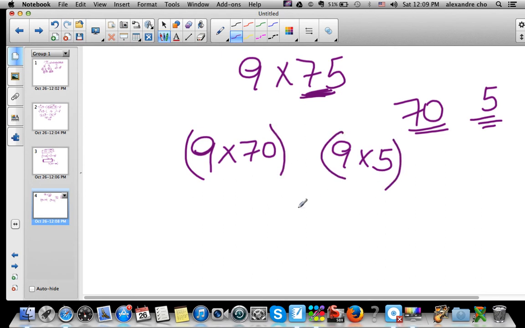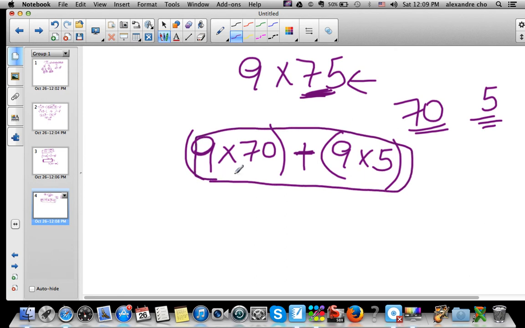And we're going to obviously add the products to get the same answer as if we would have multiplied 9 times 75. So the only multiple choice that looks like this is, let me see, it's C. Okay, although it's backwards, it says 70 times 9 and then 5 times 9. Okay, it's the same thing. Remember community property?